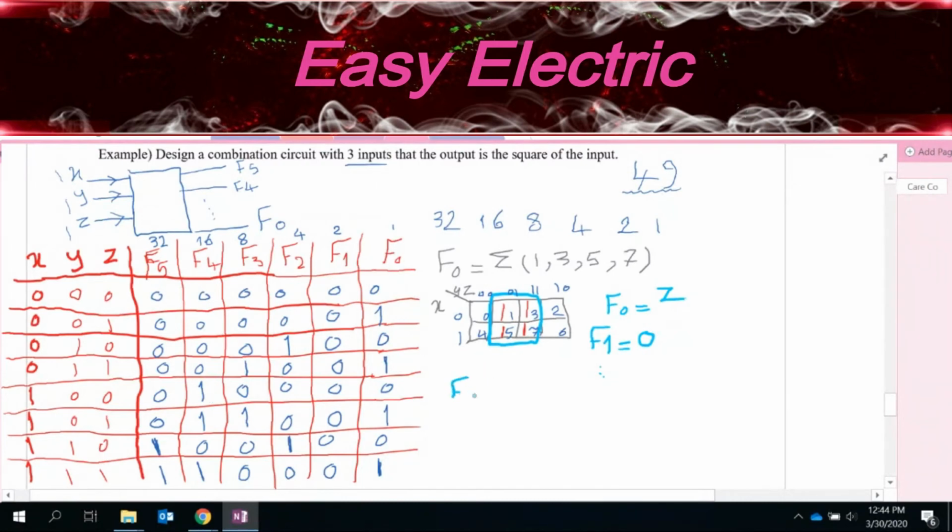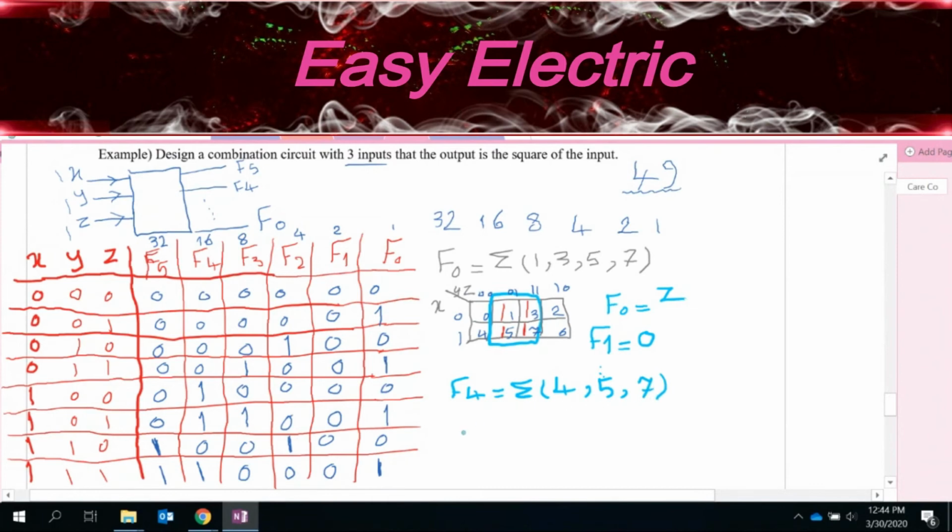So again, for getting F4, you say sigma minterm. Which minterms do we have for F4? What is the first number? The first one is here, right? Which is 4. Yeah, that's right. So you have 4. The next is here, 5. That's right. And what else do you have? You have 7.